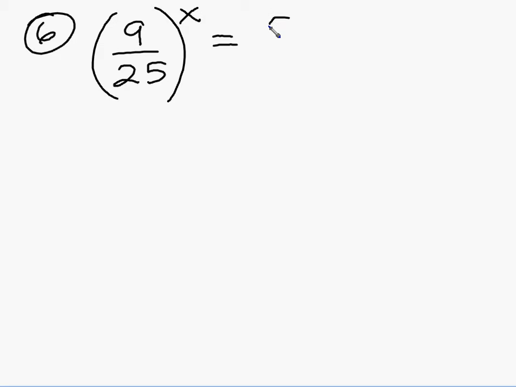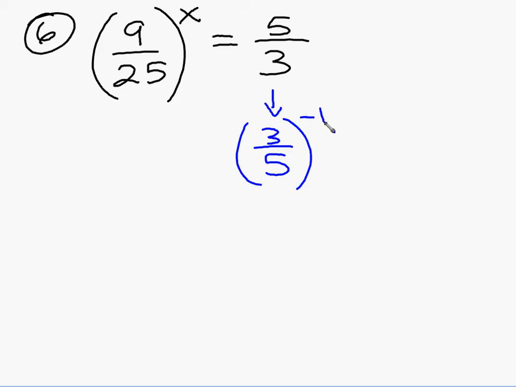How about 9/25 to the x equals 5/3? This problem challenges your knowledge or expertise of a negative exponent. Because in reality, if I want this to work, I need to write this side as 3/5 to the negative 1.